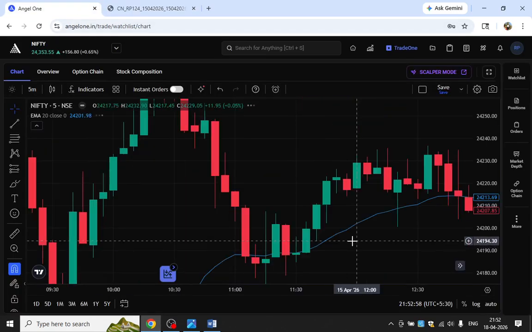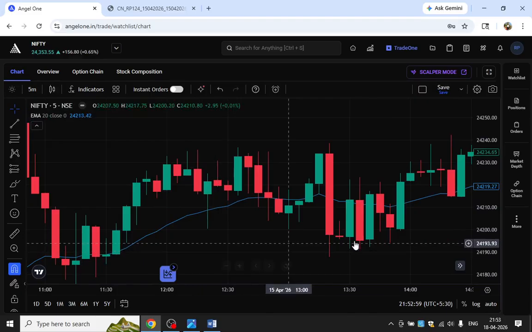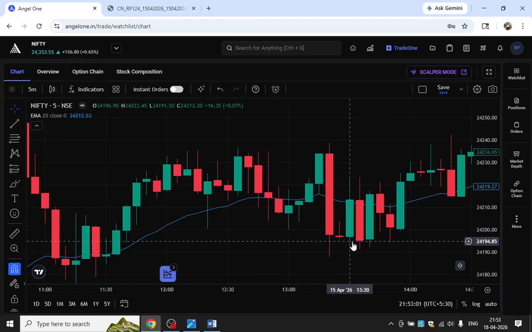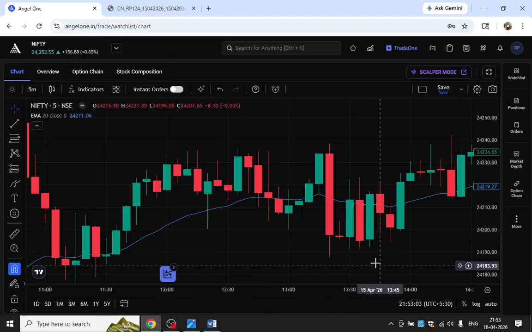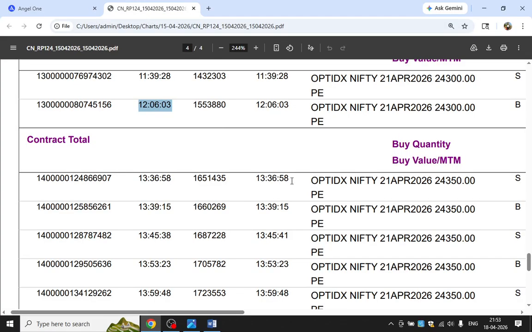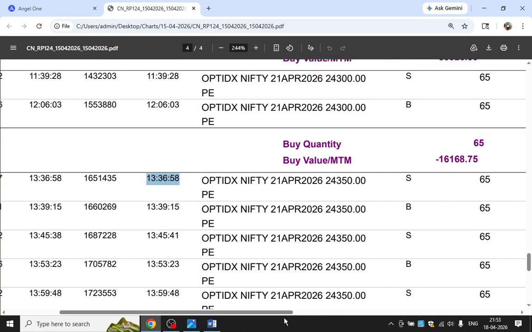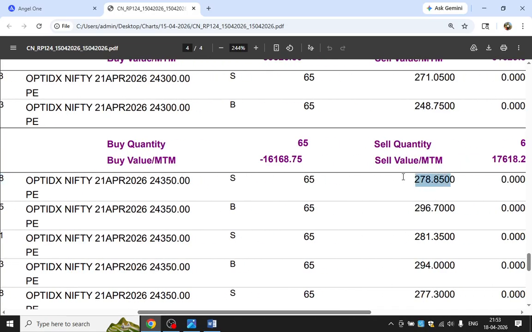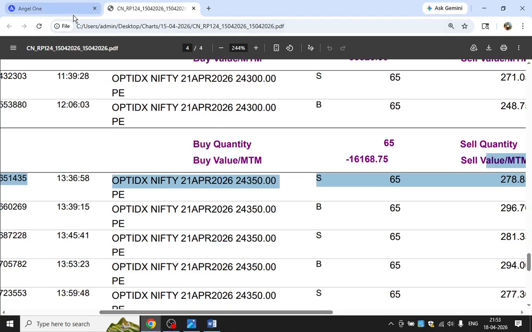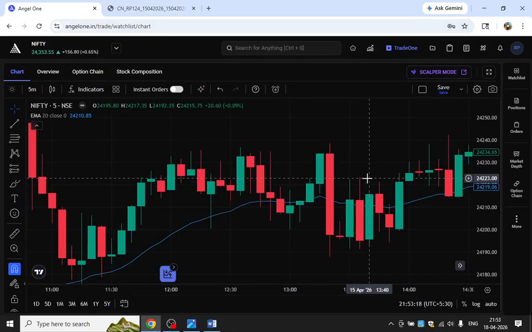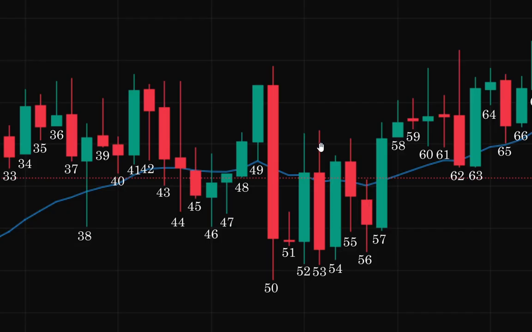Okay, so at 1:35, 135, so 136, I sold a PE. See, I sold a PE just above this, thinking that it will go up. But what happened?